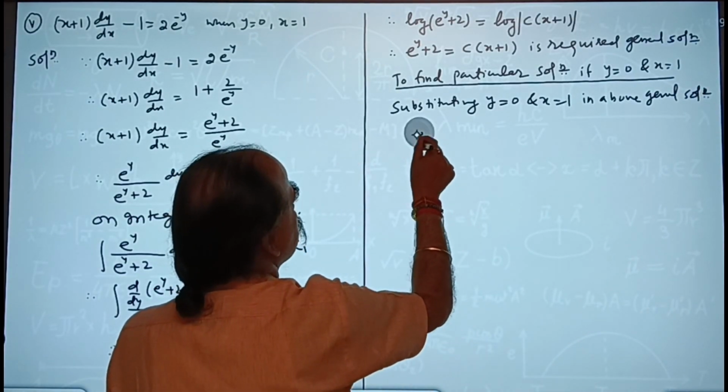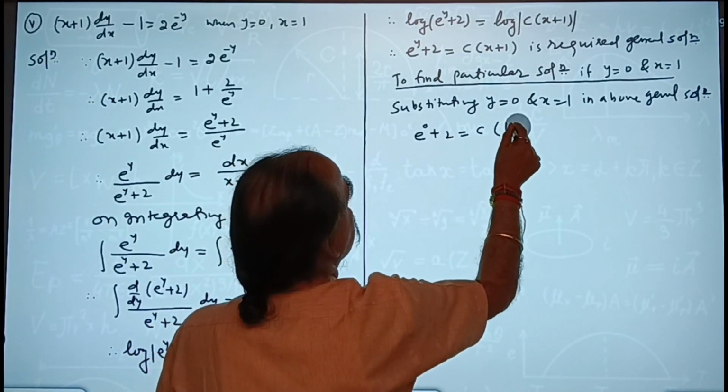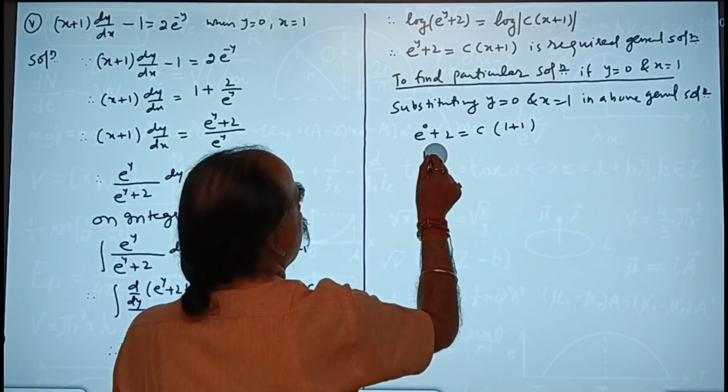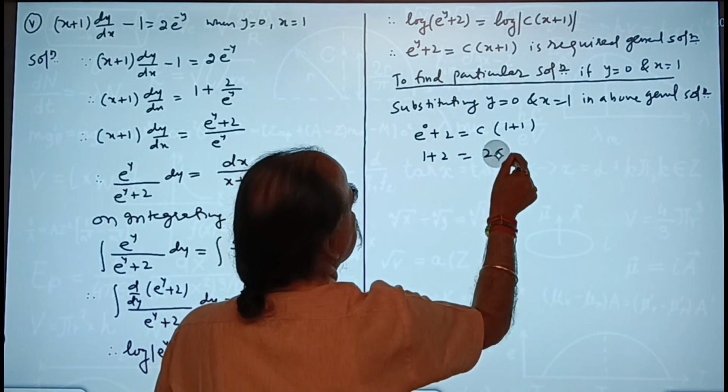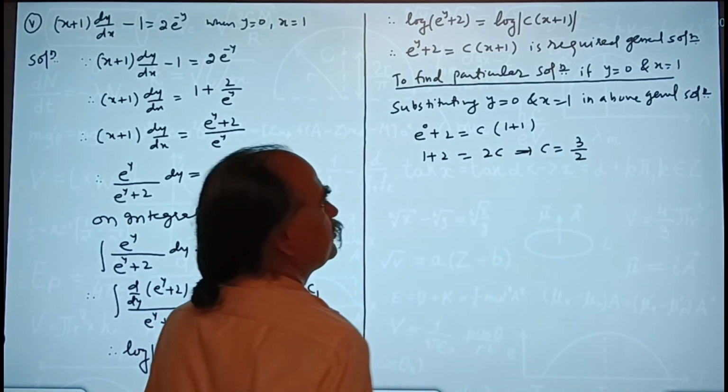E raised to 0 plus 2, 1 plus 2 is equal to 2c. So c is 3 by 2.